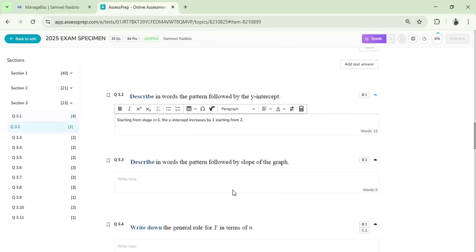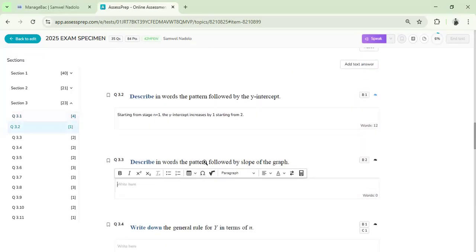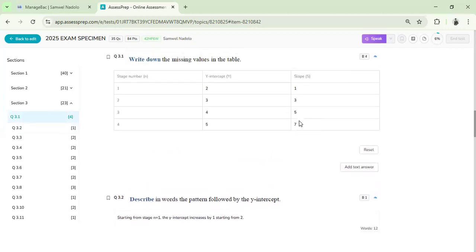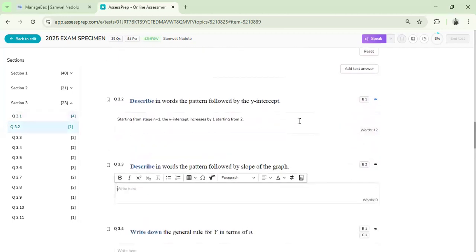Describe in words the patterns followed by the slope of the graph. So starting from stage n equals 1, the slope increases by 2, starting from 1.